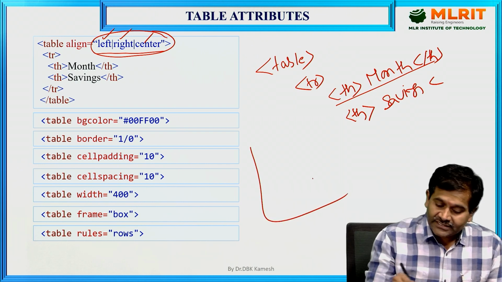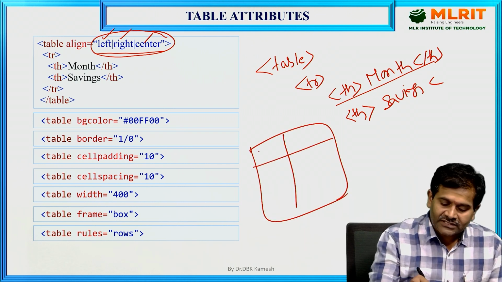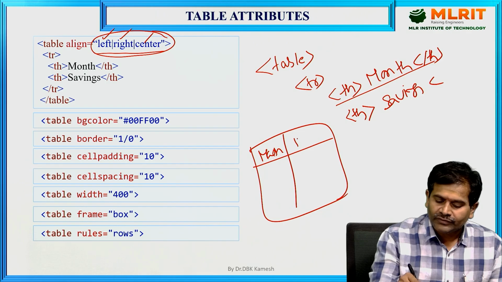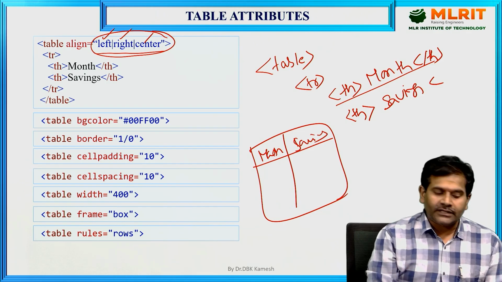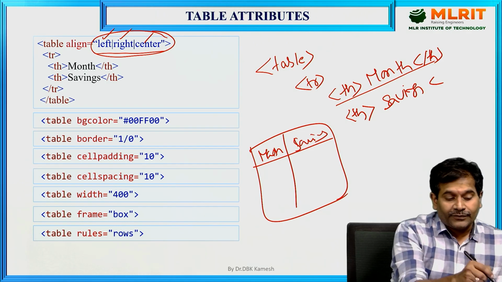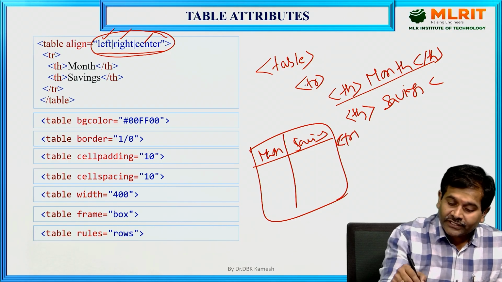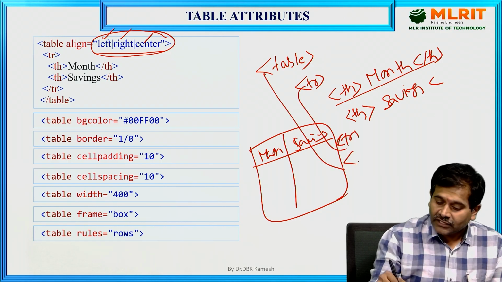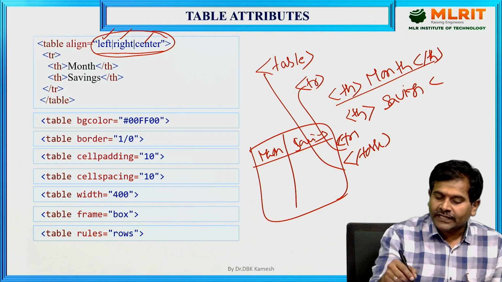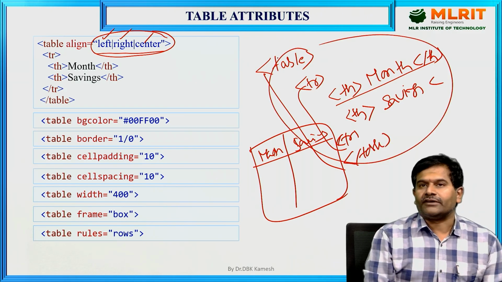So in this table we have given two headers, month and savings. Then the TR is completed, meaning the table row is complete, and then the table is completed. These are the relevant answers.